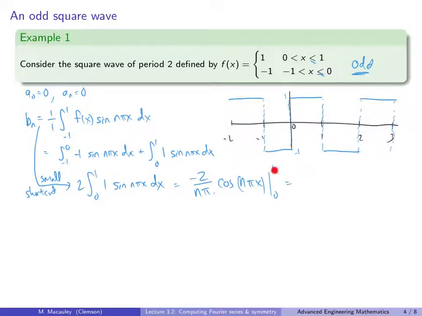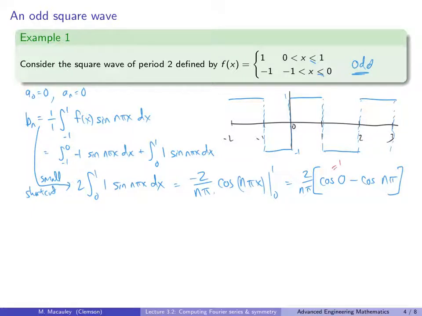Instead of plugging in 1 and subtracting 0, with a negative sign here, I'm going to plug in 0 and then subtract plugging in 1. So I'm going to write this as 2 over n pi times cosine of 0 minus cosine of n pi times 1. Now, cosine of 0 is equal to 1, right?